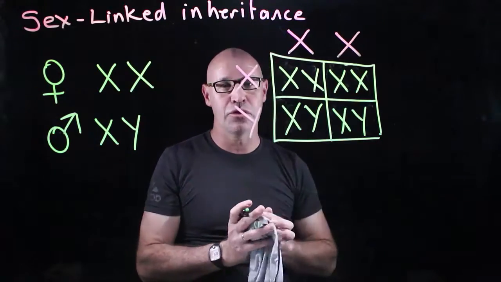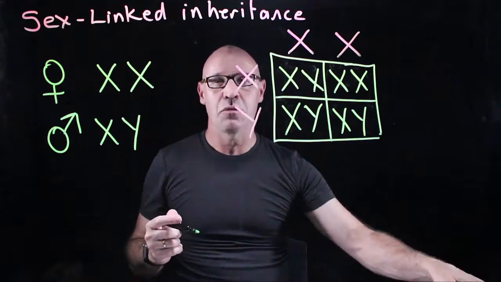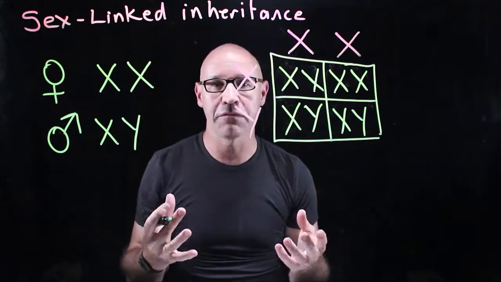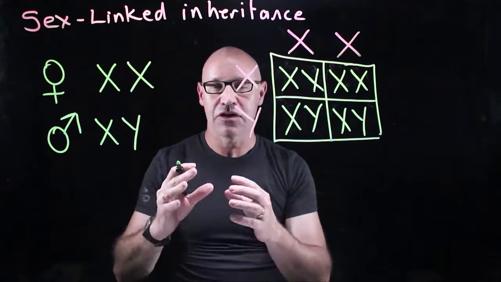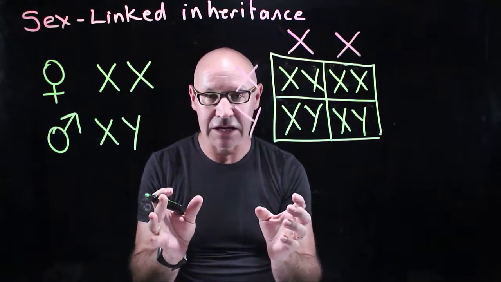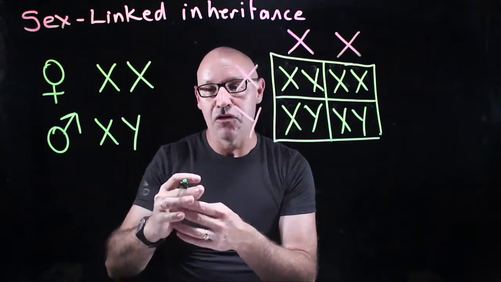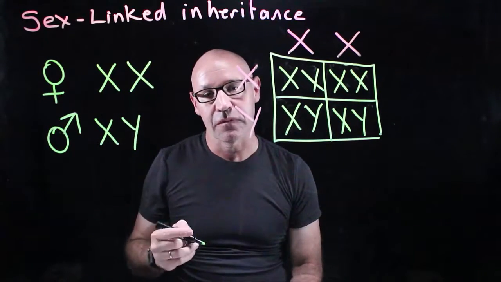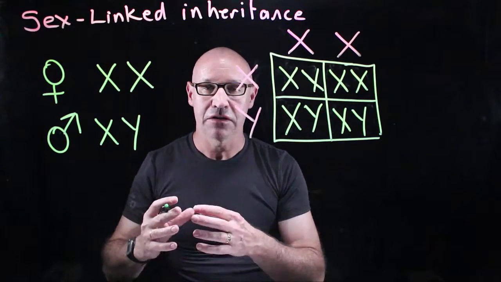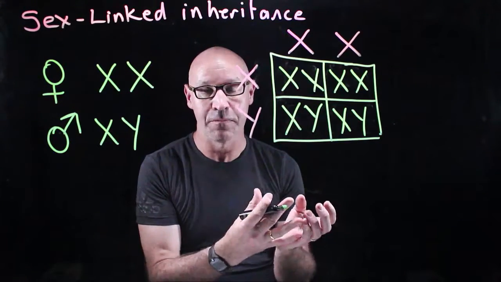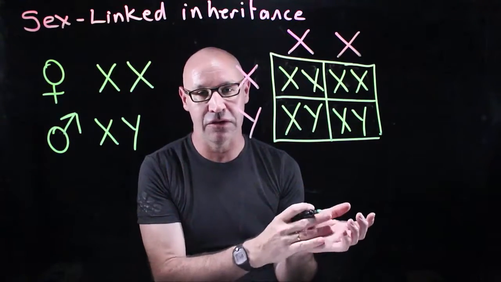Another thing that's important here is that when we talk about sex-linked inheritance, we're really referring to the fact that there are genes on the X chromosome. The Y chromosome really just has genes that control male characteristics.